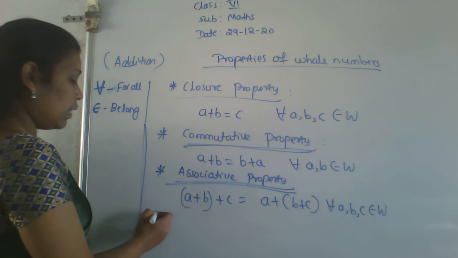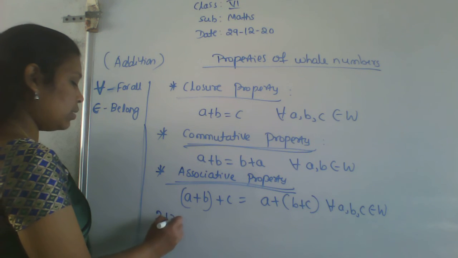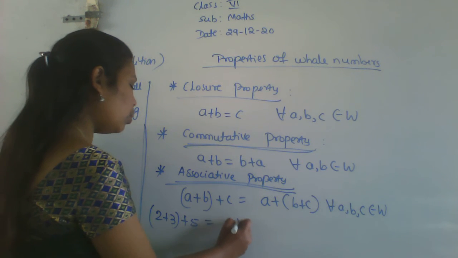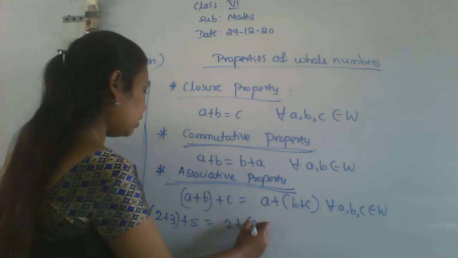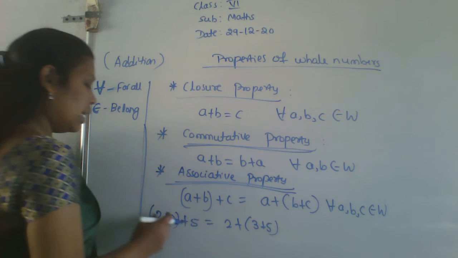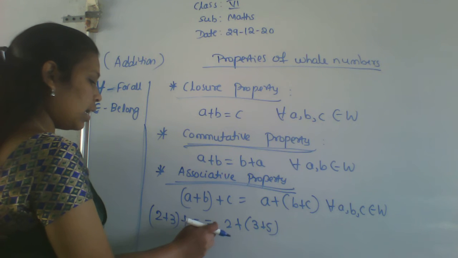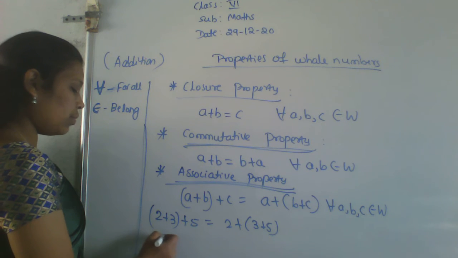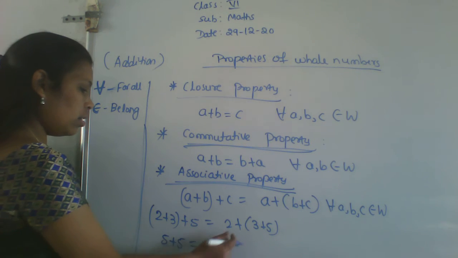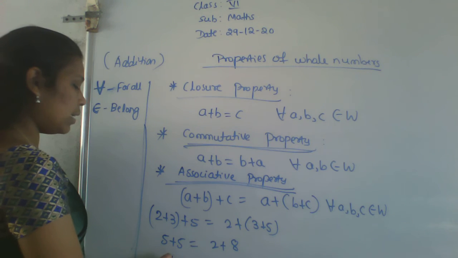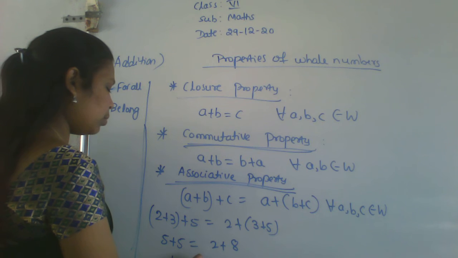See here, I will give an example. (2 + 3) + 5 = 2 + (3 + 5). A value is 2, B value is 3 and C value is 5 here. So now 2 + 3 is 5, and then 5 + 5 is 10. Here 3 + 5 is 8, and 8 + 2 is also 10.